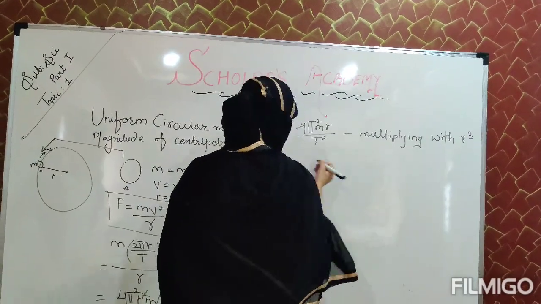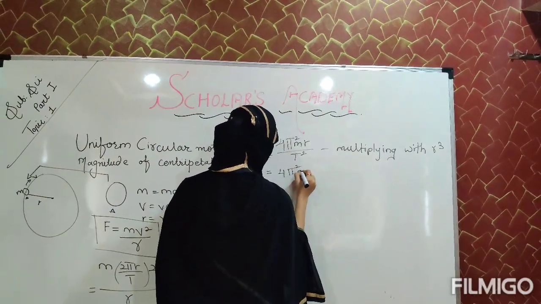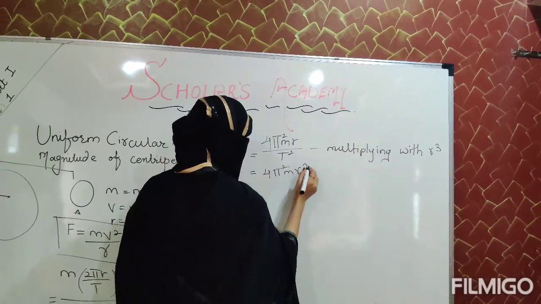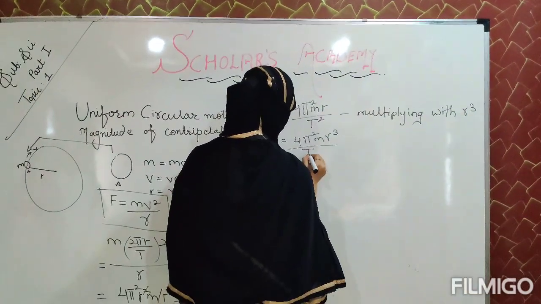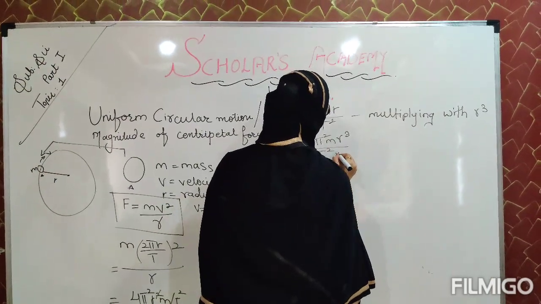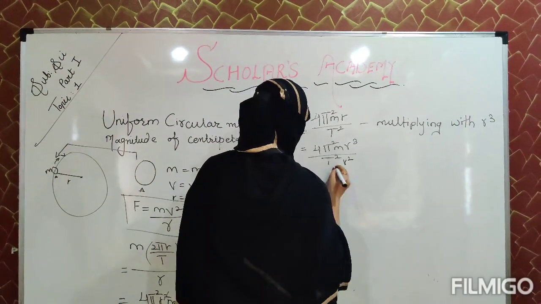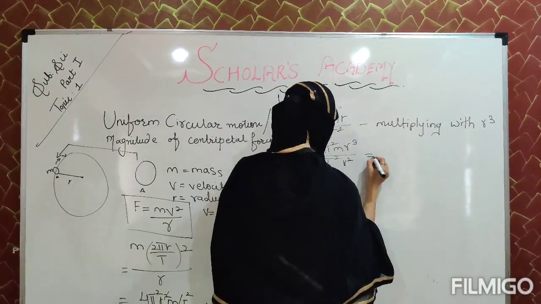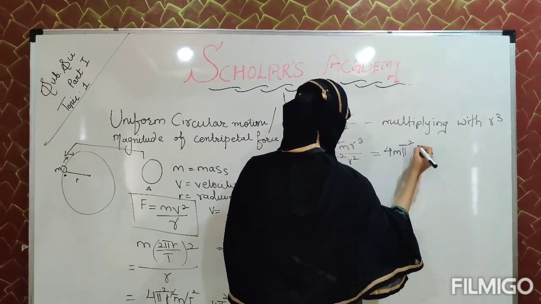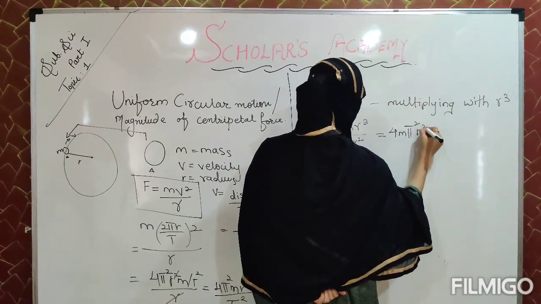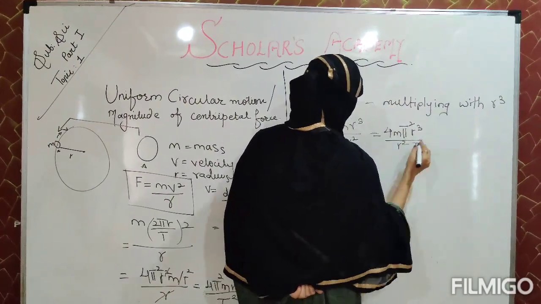Then if you multiply it with r square, it will become 4 pi square m r cube divided by t square r square. Okay, if I am rearranging this, 4 m pi square r cube upon t square r square.